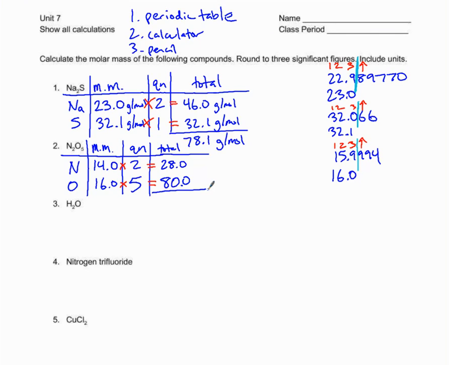And so when we add these together, 0.0, there's 8, there's 10. And so according to our basic addition rules for significant figures, this 0 matters. But the way this is going to work is we're going to use 3 significant figures, and so we're just going to make it 108 grams per mole.